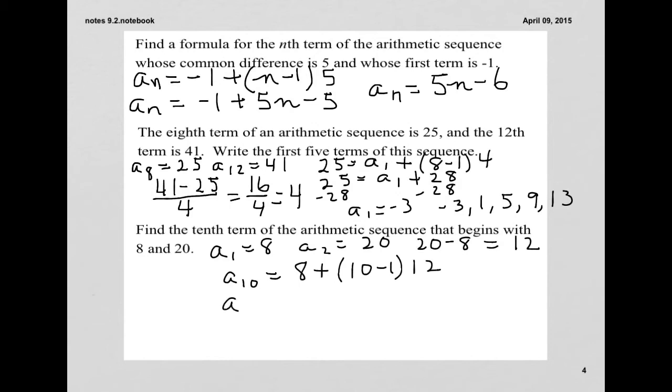So a sub 10 equals 8 plus 10 minus 1, which is 9. 9 times 12 is 108.